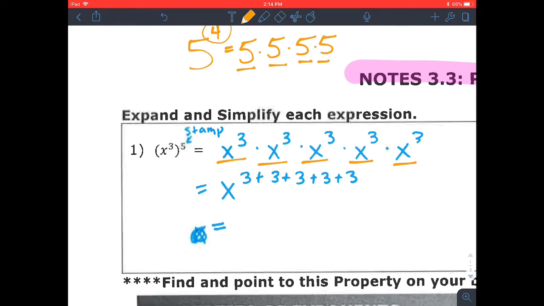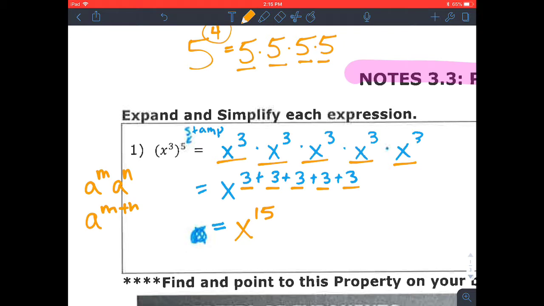It says whenever I'm multiplying, if I have something like a to the m times a to the n, then I'm going to add those exponents. So then I added 3 five times: 1, 2, 3, 4, 5. If I go into my calculator and do 3 plus 3 plus 3 plus 3 plus 3, I'm going to get x to the 15th.